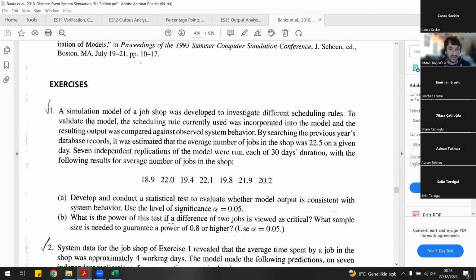Now, if you remember our theoretical hours, we have said that if you intend to perform validation on a simulation model's output, you can apply basically formal statistical tests, but also there are some other informal testing procedures, such as Turing tests.